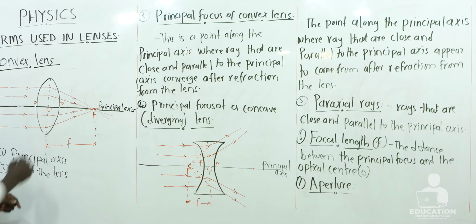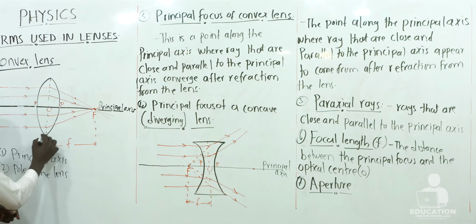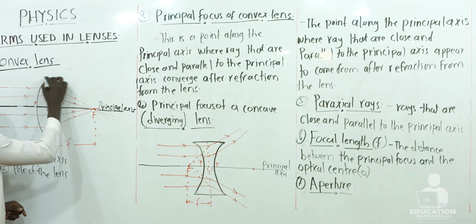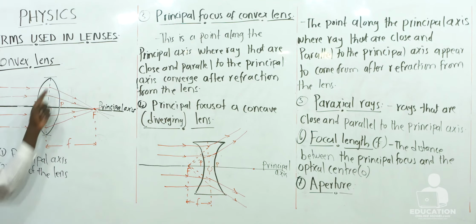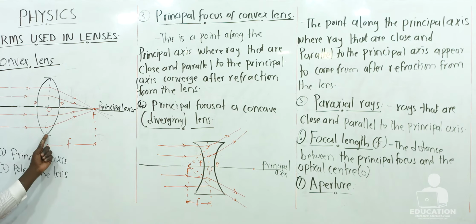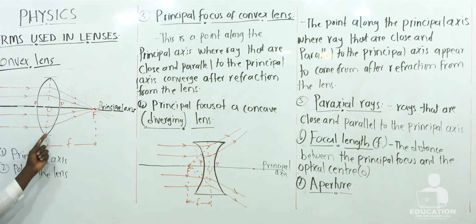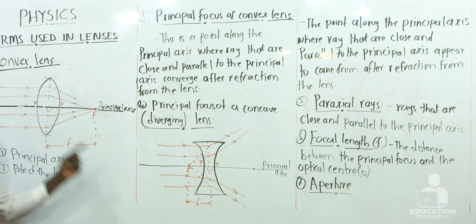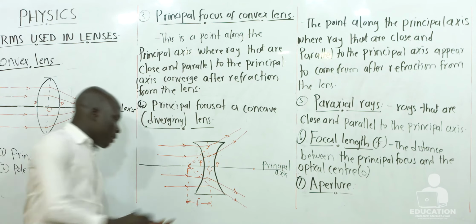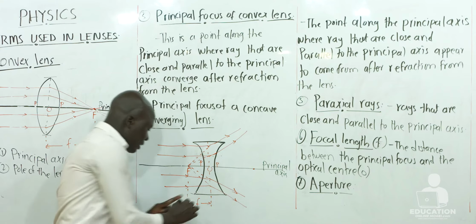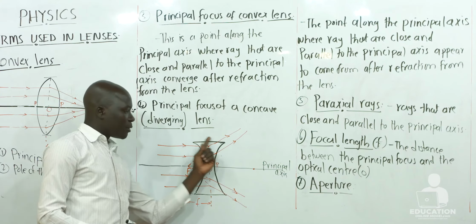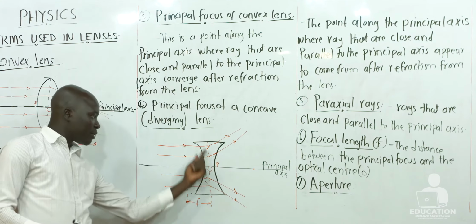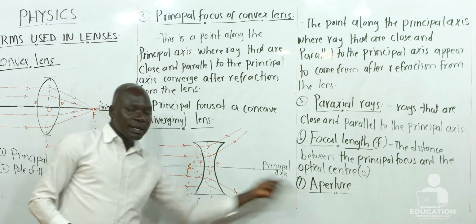The width of the lens, from this point to that point, is what we call the aperture. What about for the concave? How wide is the lens? That is from this point up to that point. So this width is what we call the aperture.